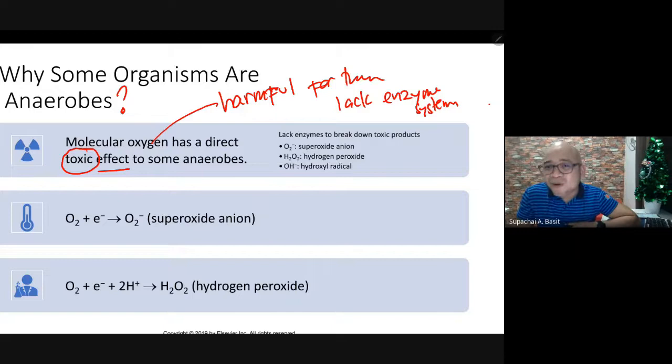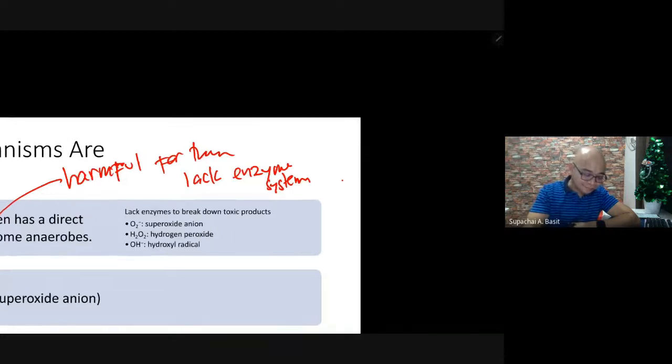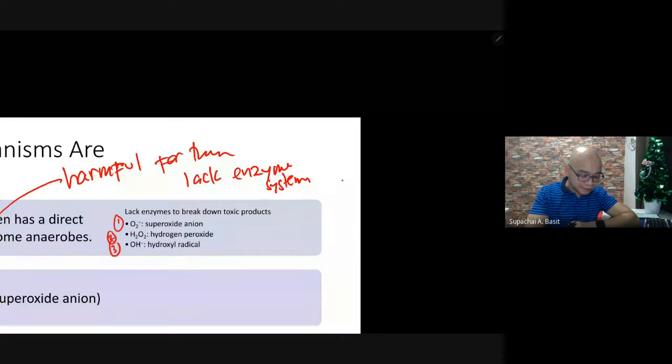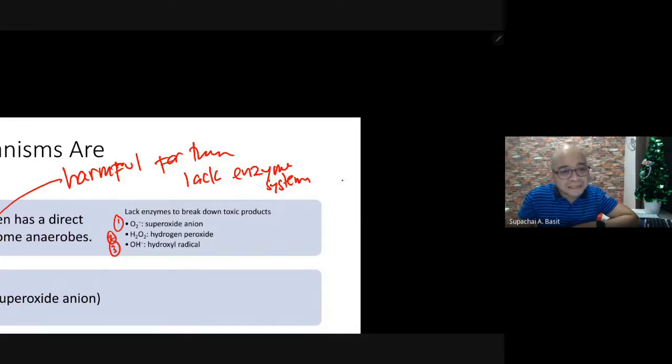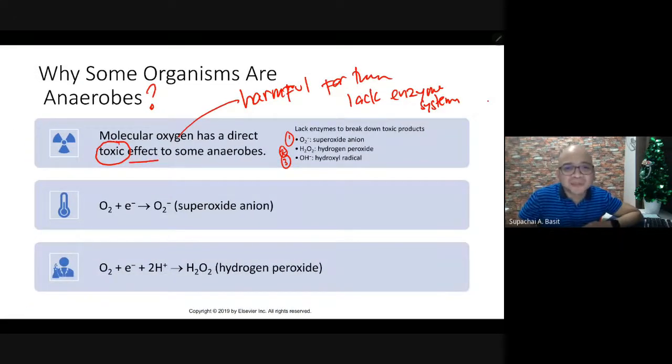But this oxygen could be toxic for bacteria, and there are three main toxic forms of oxygen, such as the superoxide anion, the hydrogen peroxide, and the hydroxyl radical. These are considered the toxic forms of oxygen.